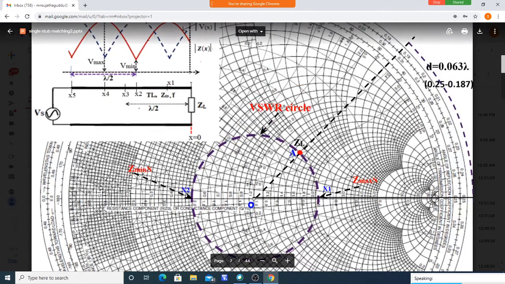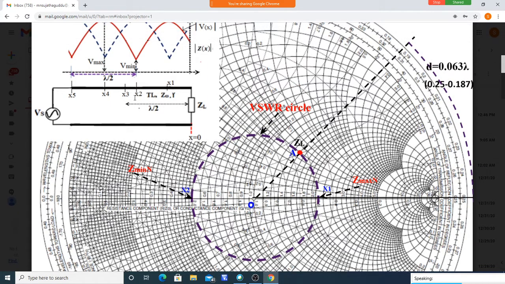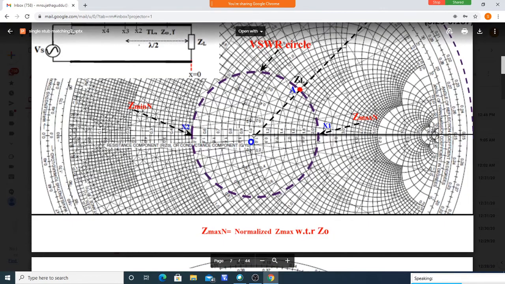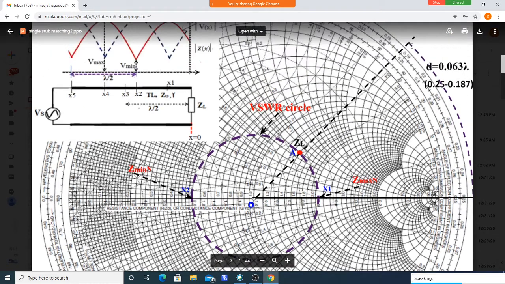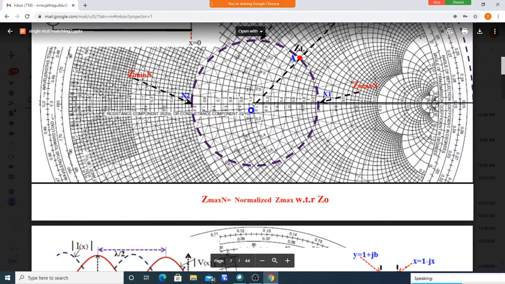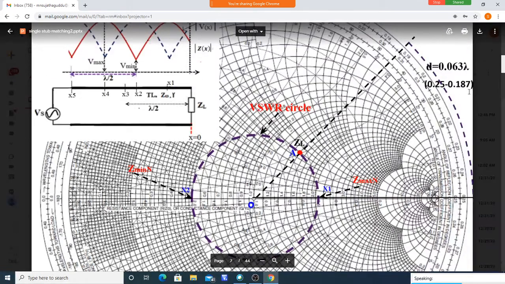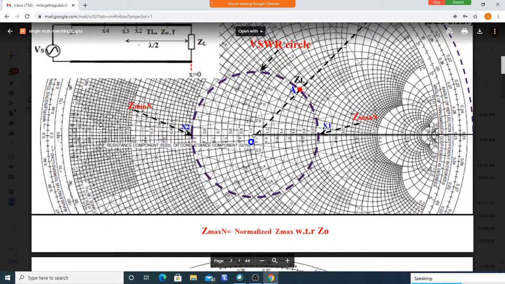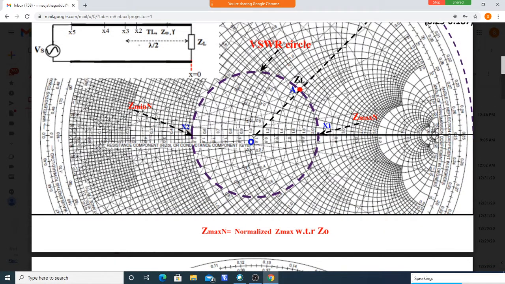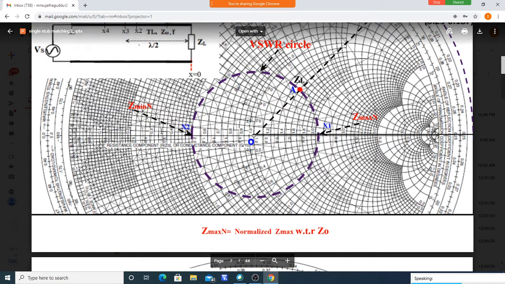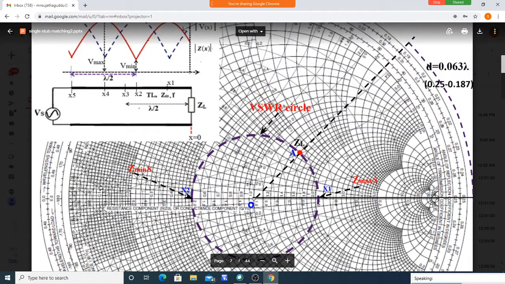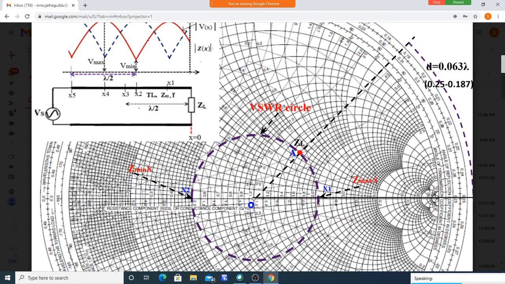So d minimum occurs at a distance x2, from here to here. You read the distance here and here and take the difference: 0.5 here, 0.187 here. That gives the distance from here to here, that is the d minima distance. Like that you can measure at what distance the minima is from the load.